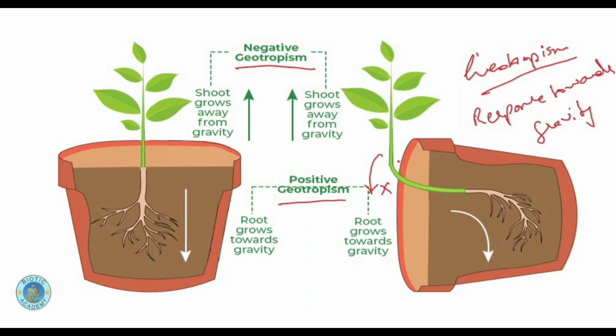So in this situation we will see how plants judge their stimuli and how they respond accordingly. In case of shoot, they show response towards the light. In case of root, whatever the situation of the potted plant is, root will always go towards the gravity and it will show positive geotropism.